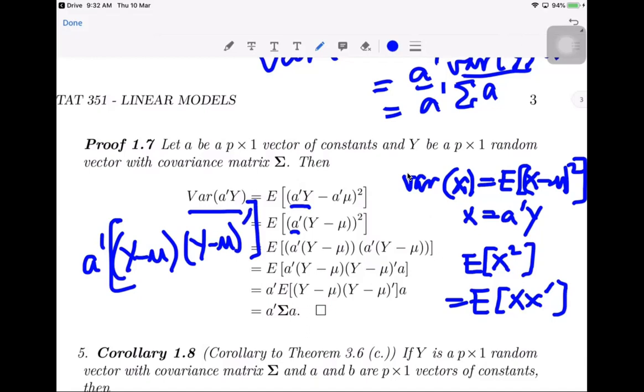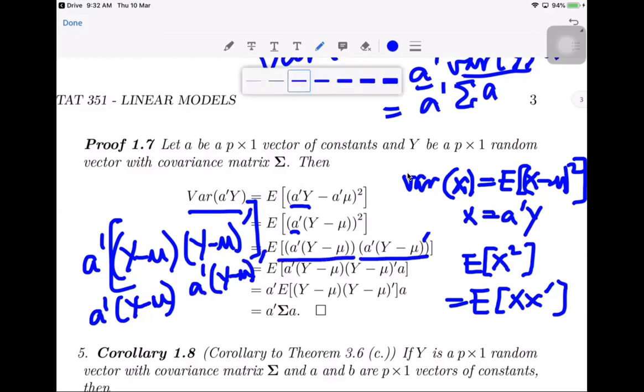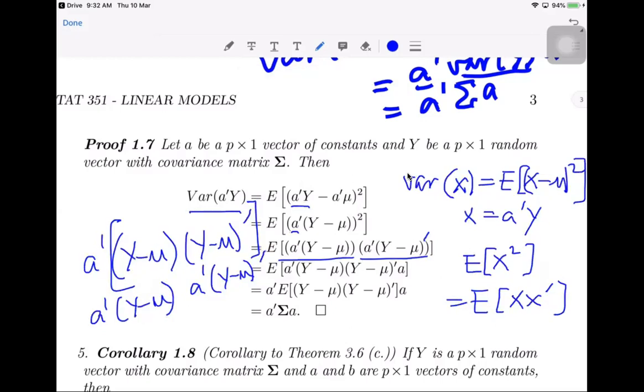So this should have a prime here. Okay. So if you distribute that, that is a prime (Y minus mu) and (a prime (Y minus mu)) prime. Okay. So this is this part. And then this part here can be written in this manner, correct?